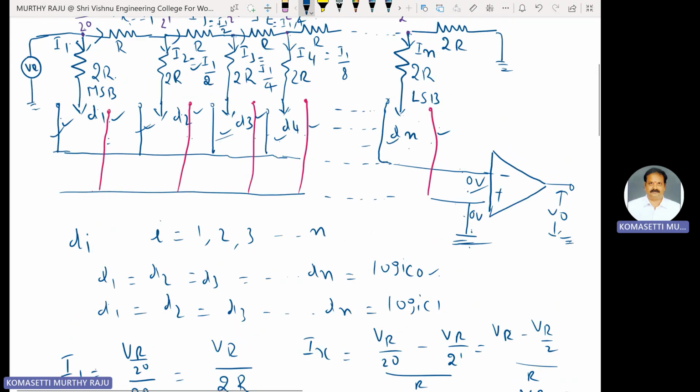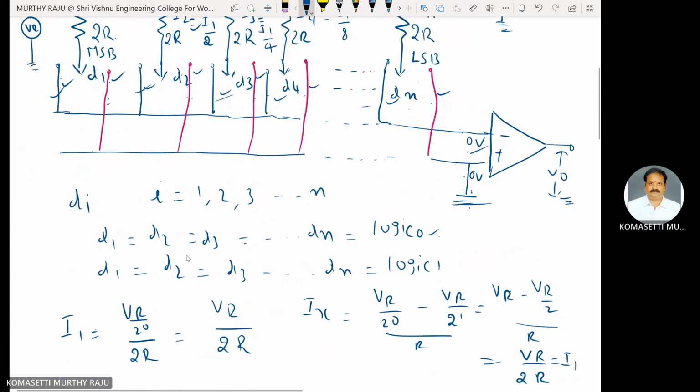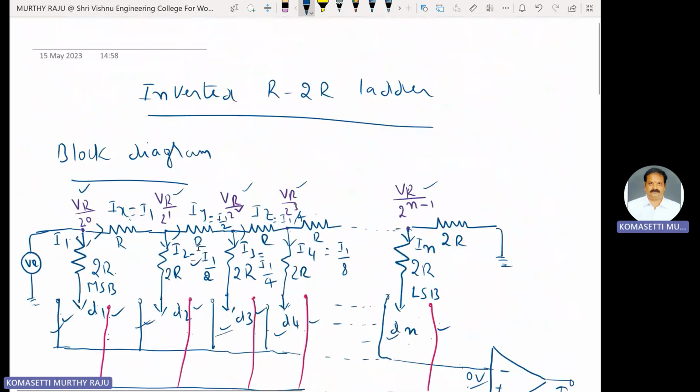There are some important points related to the inverted R-2R ladder.